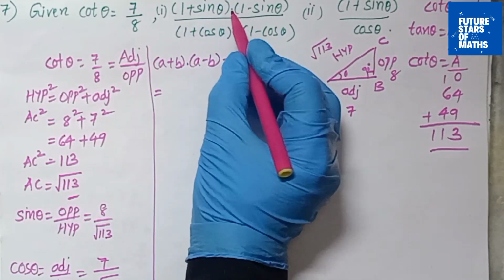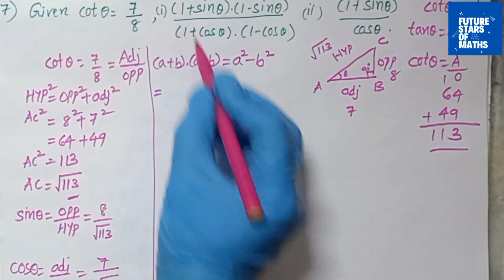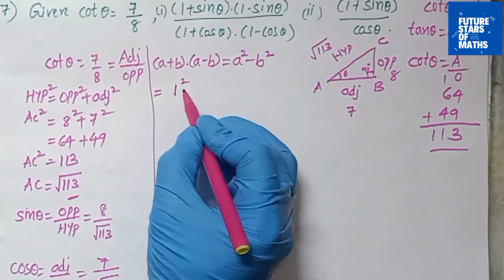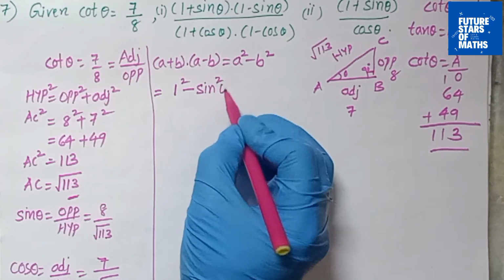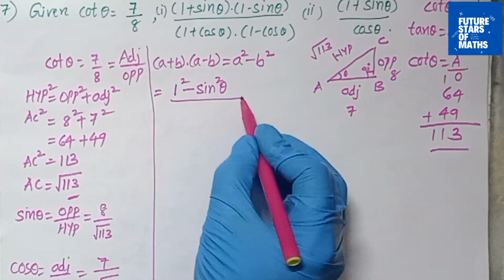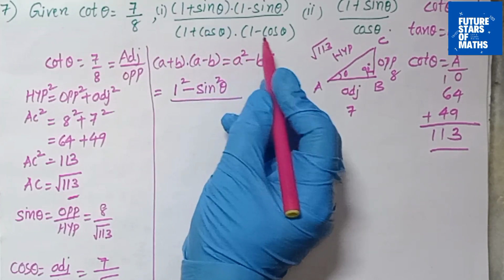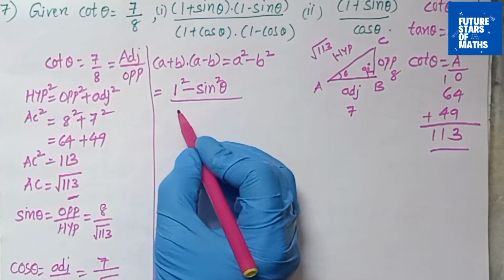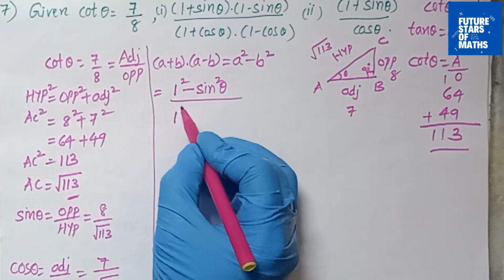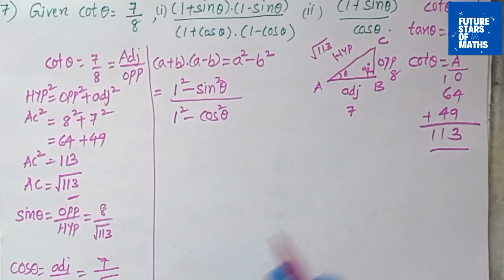In the numerator, A square minus B square, where A is 1 and B is sin theta, so it will be sin square theta. Again in the denominator also we have the (A plus B)(A minus B) form, so it will be A square minus B square, where A is 1 and B is cos theta, so it will become cos square theta.